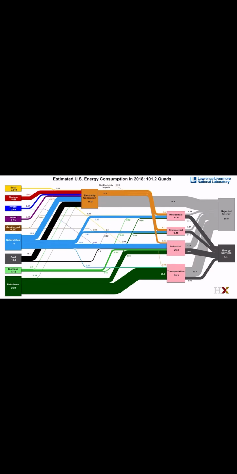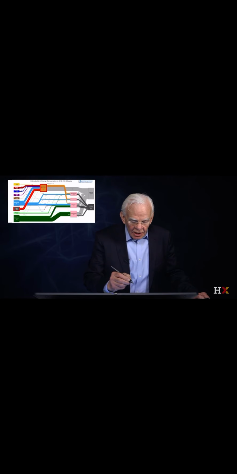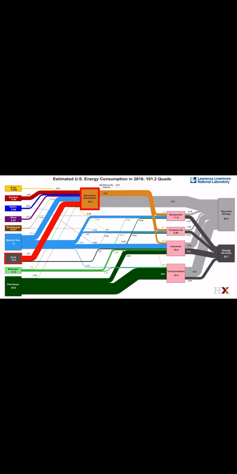But if we look at how the primary energy flows, let's look first at the generation of electrical energy, because we see that coal is a dominant source of electrical energy. That is, the burning of coal in electrical plants that converts chemical energy to electrical energy. But we also see that a significant sector of this electricity generation comes from natural gas, which is methane.